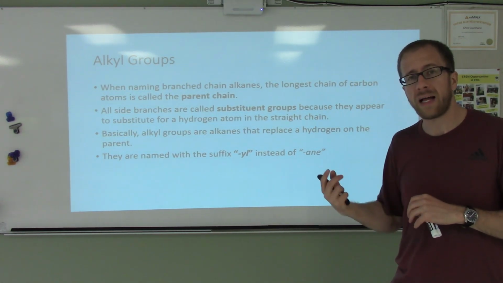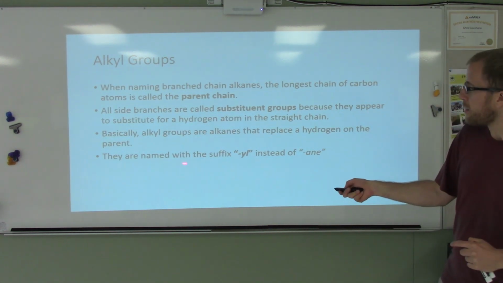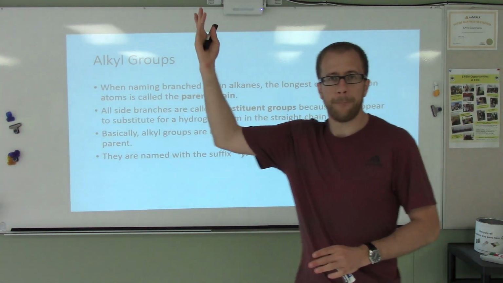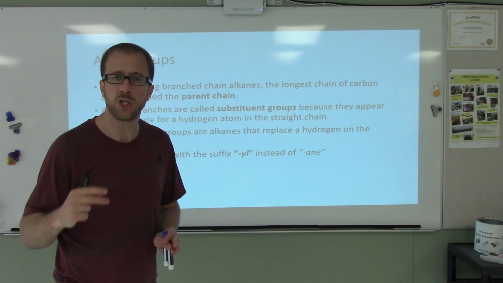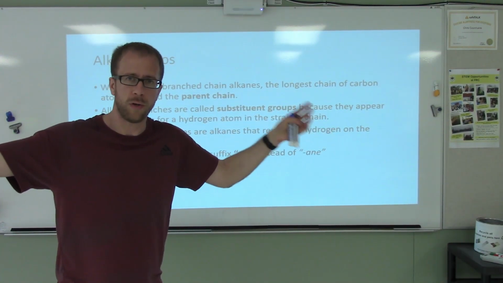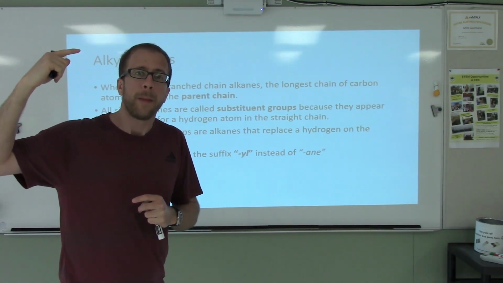And we call that substituent group methyl. So they are named with the suffix -yl. If we added butane onto it, right, a 4-carbon substituent group onto our, say, long heptane or octane molecule, you would say butyl.